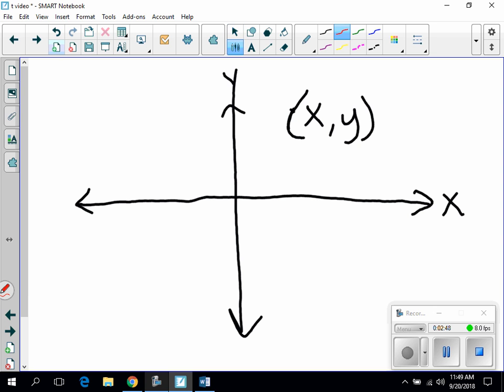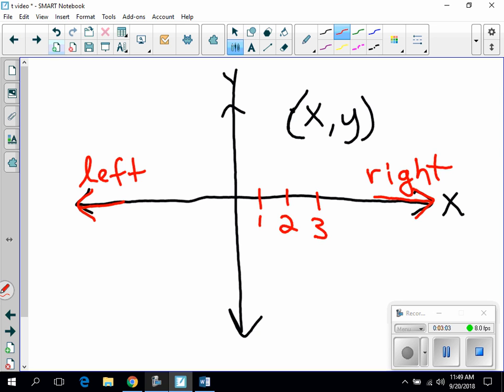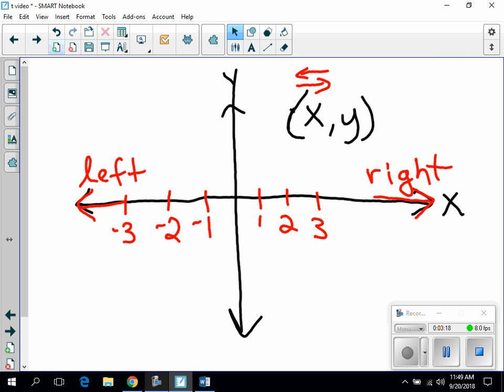If you look at the x-axis, you'll notice there are arrows on it, one to the left and one to the right. To the right, the values are positive. To the left, the values are negative. The x value tells you how far you went to the left or to the right on the coordinate grid.